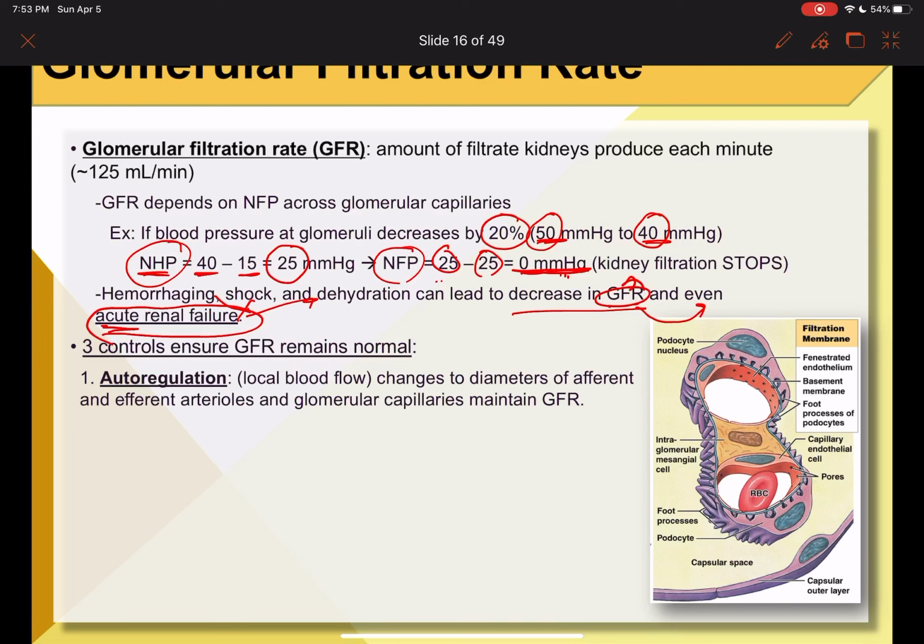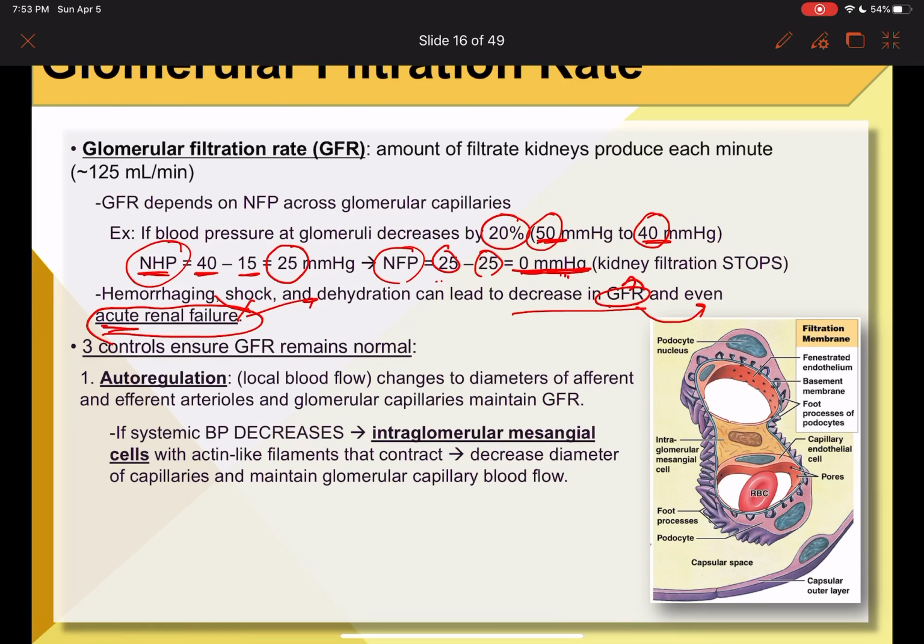So for autoregulation, how we can manipulate GFR, which in a sense is manipulating GHP, your glomerular hydrostatic pressure, is by changing the diameter of these capillaries, okay? Whether it is your afferent or efferent arterioles and glomerular capillaries, those can undergo vasoconstriction or vasodilation to adjust the blood pressure within your kidneys.